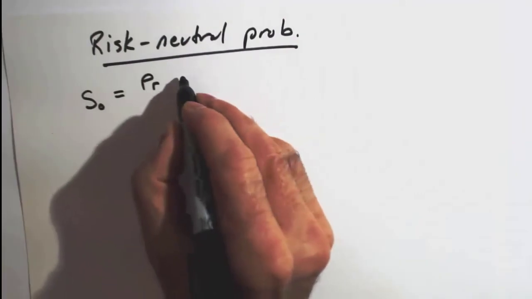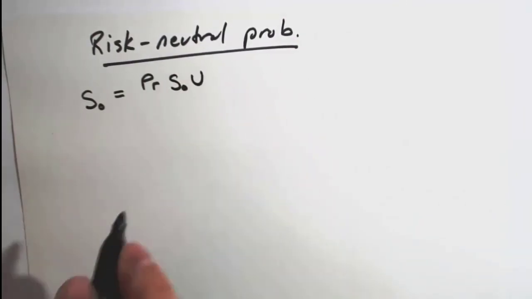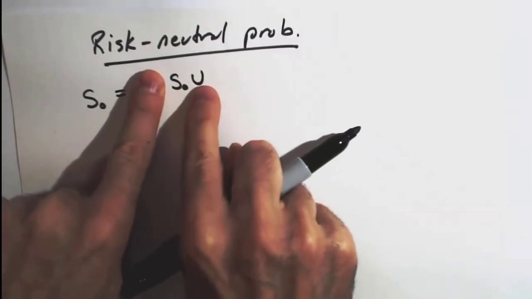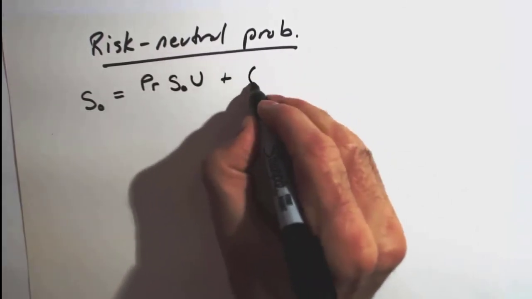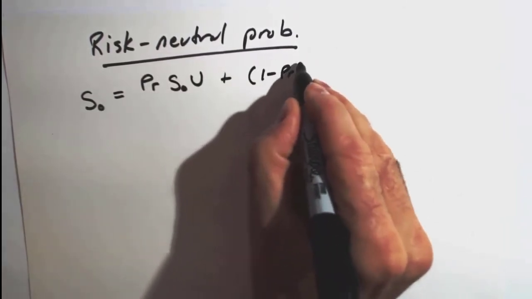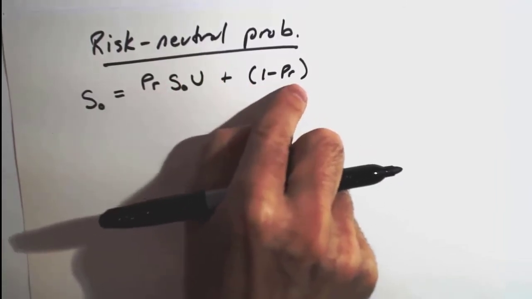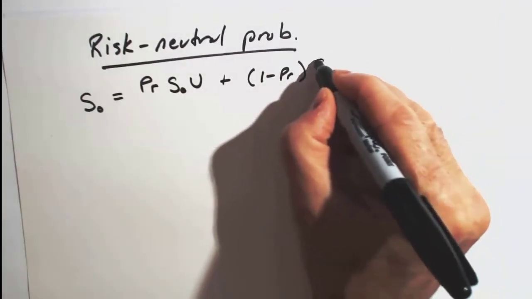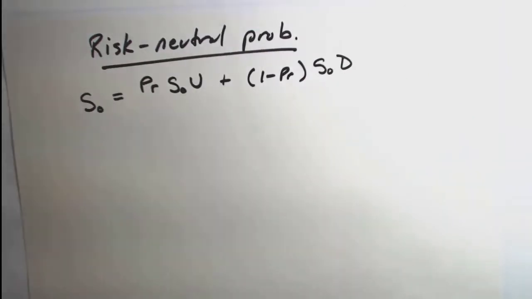So PR times the stock price today times U. If you recall, that's US right here. The stock price times U is the US, plus 1 minus PR, because the probabilities have to add to 1, times the stock price today times D, the down node.